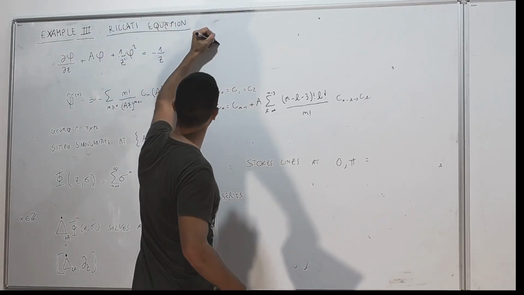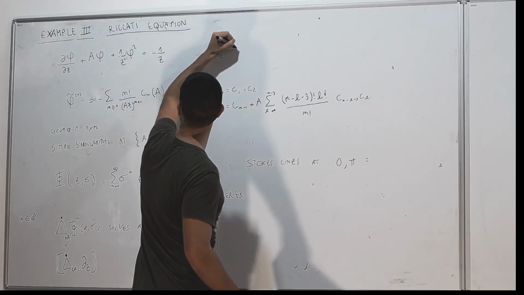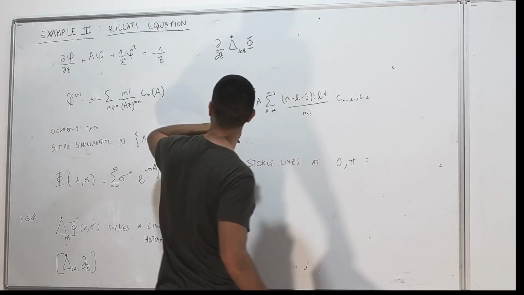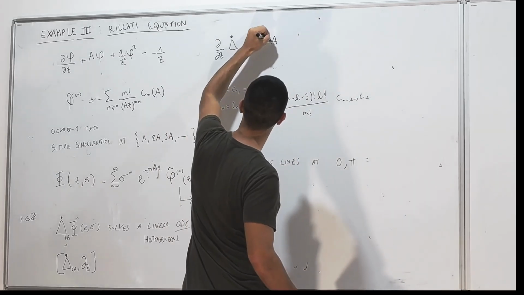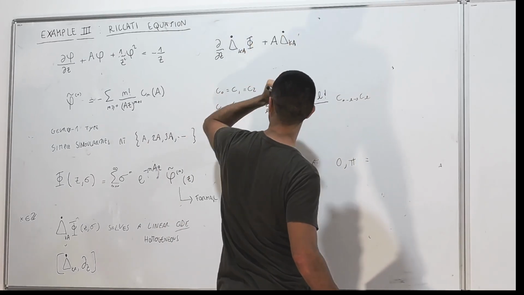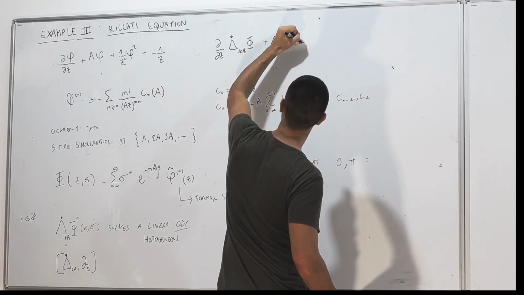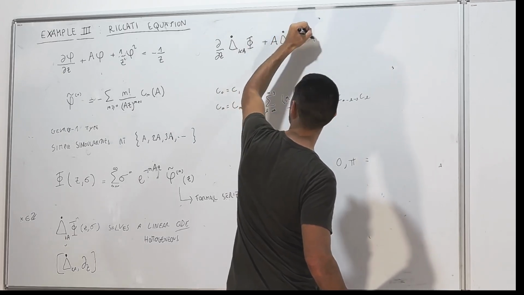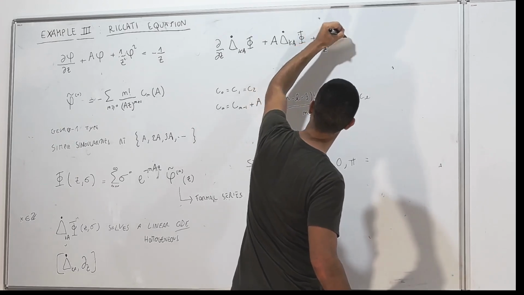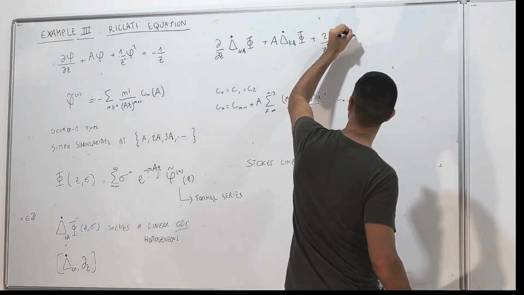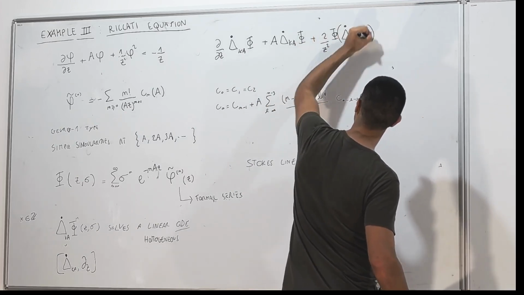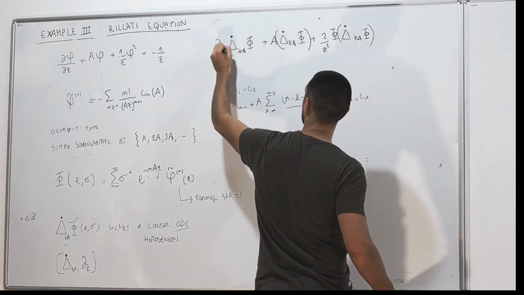I get something like d over dz, equals 0.